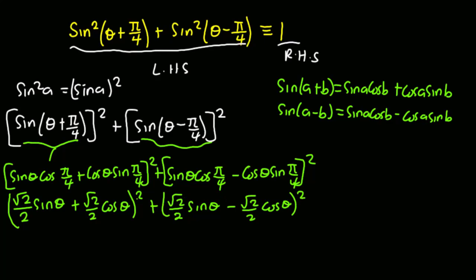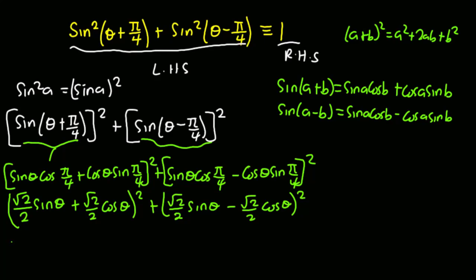So I'm going to expand the brackets using the principle: if we have a plus b all squared, this is the same as a squared plus 2ab plus b squared. Remember that our a is root 2 on 2 sine theta, and our b is root 2 on 2 cos theta.